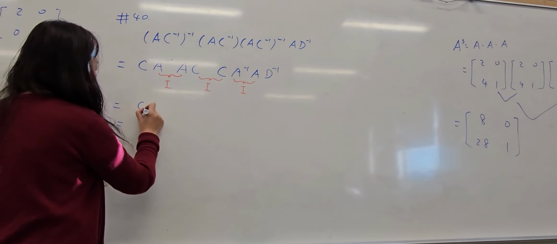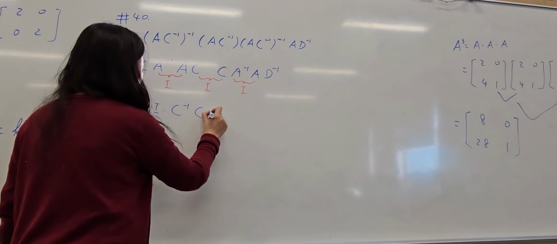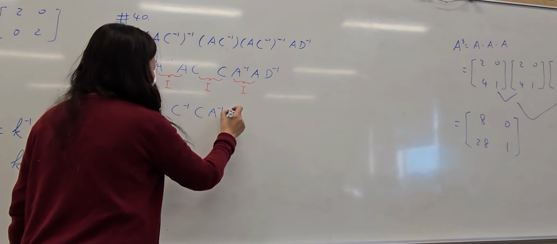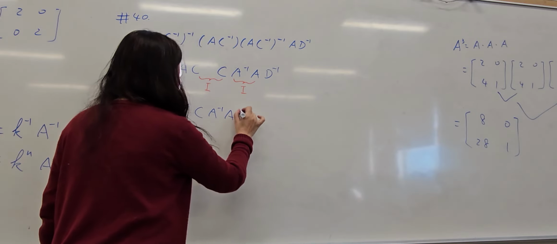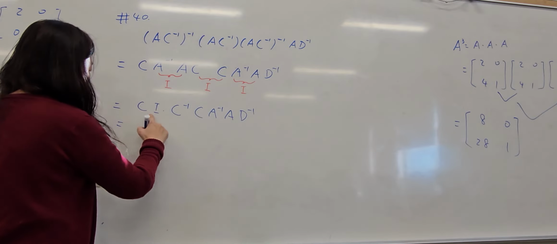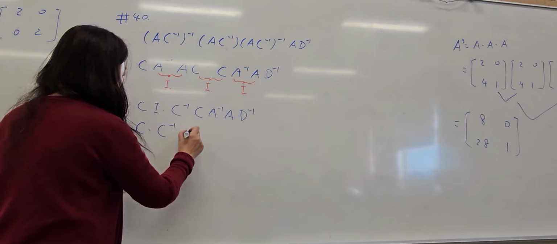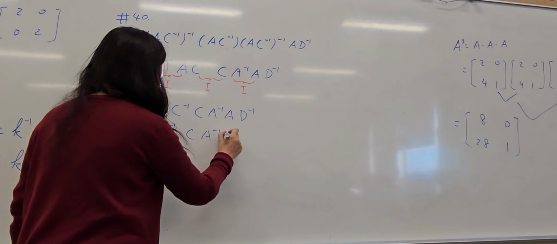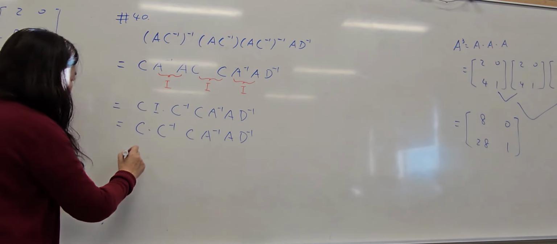This is CI, and then C inverse, CA inverse. This one can be A and then D inverse, okay? And then now you can go CI equal to C inverse, C A inverse, A D inverse. And that becomes I.